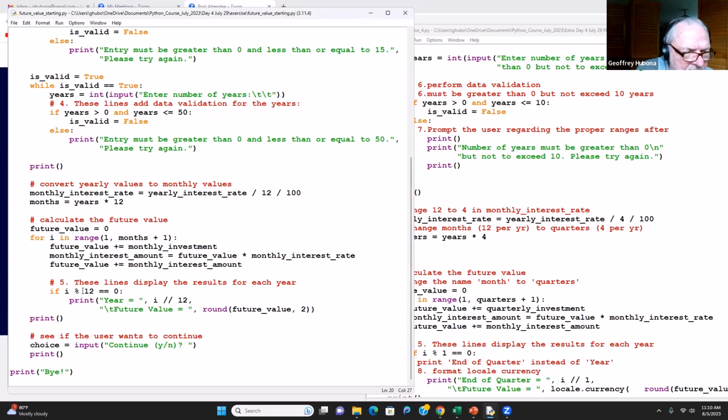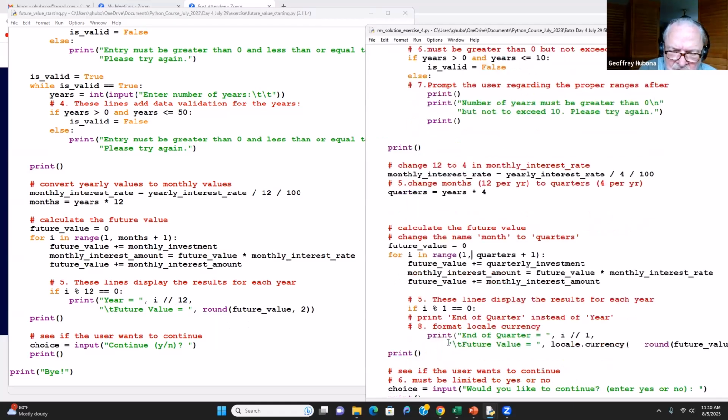If 12 into the number of months is 0, then it prints out at that point, which would be every 12 months, 12, 24, 36, and so forth.